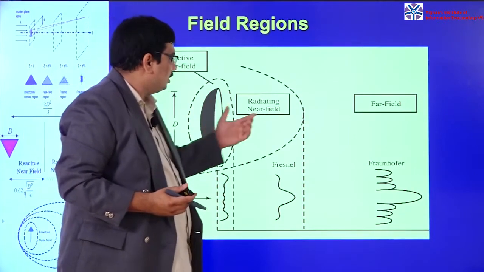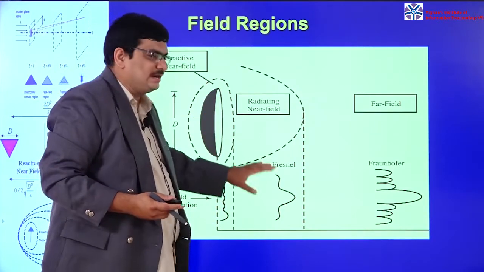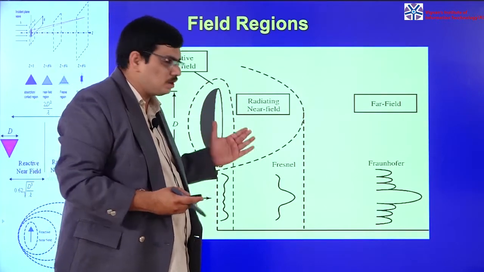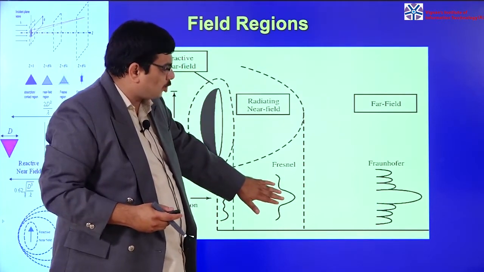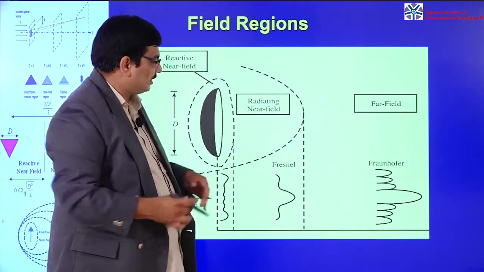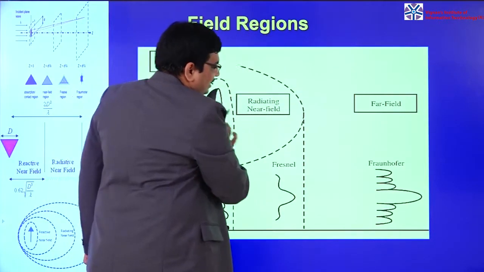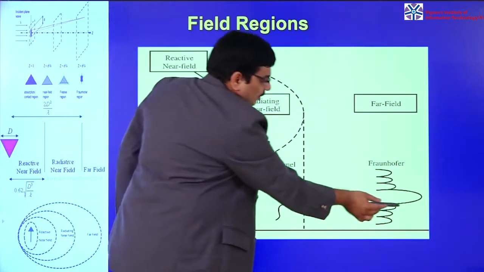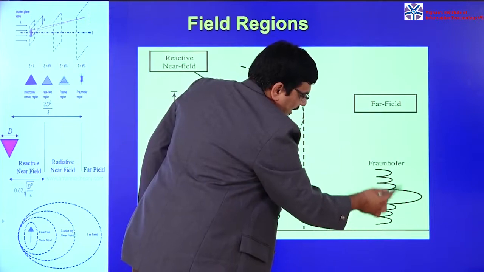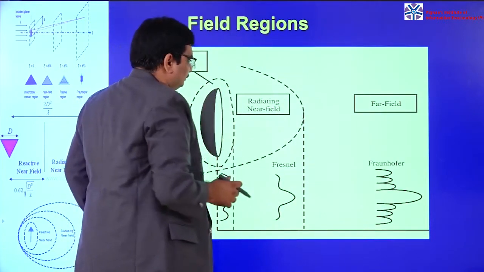The next region is the radiating near field region. Here the magnetic field and electric field are not orthogonal to each other, and they do not form the total field pattern. But in the far field region, at a distance of 2d square by lambda from your antenna, your total radiation field occurs and it does not depend on the length of the antenna.